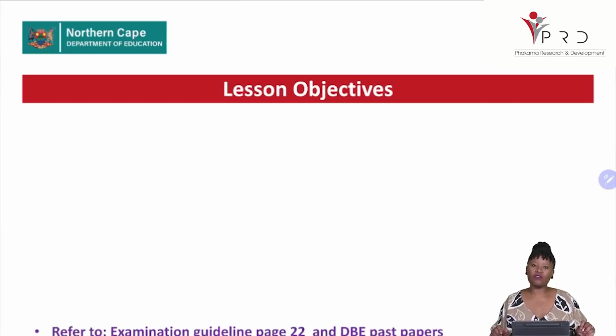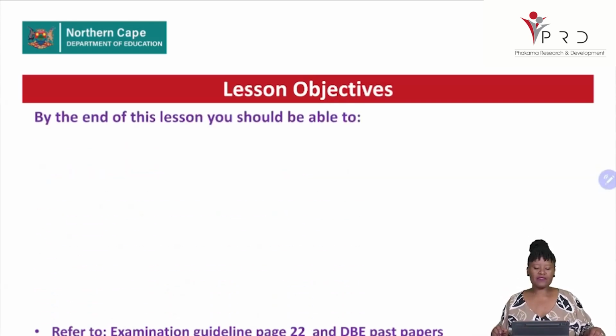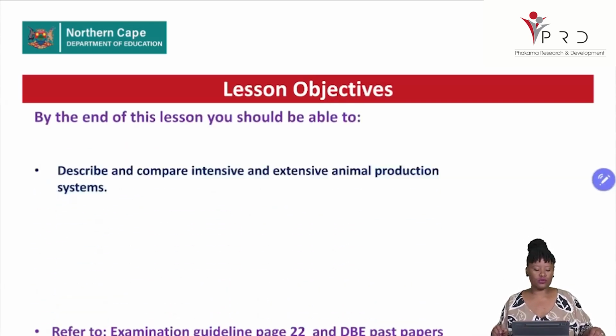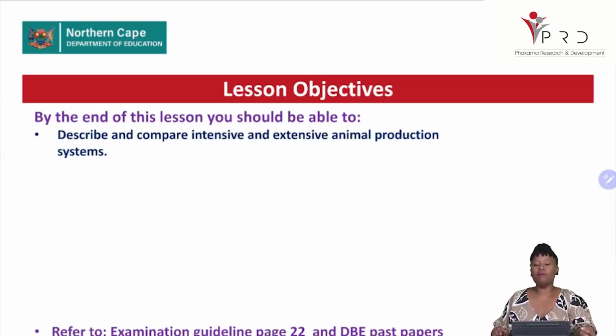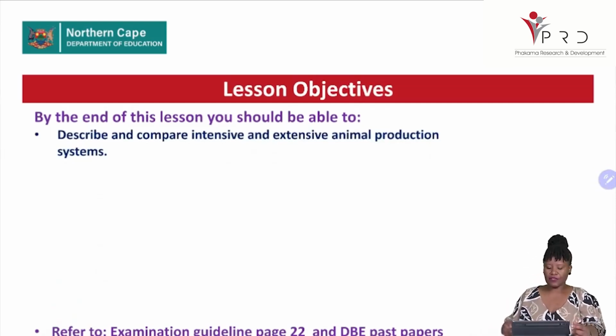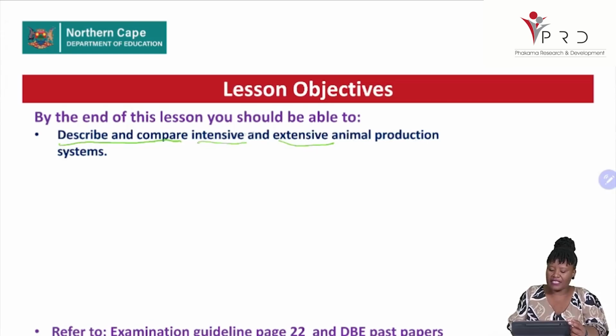By the end of this lesson, you should be able to describe and compare intensive and extensive animal production systems. So don't just know what an intensive and extensive production system is. You must be able to describe and you must be able to compare.